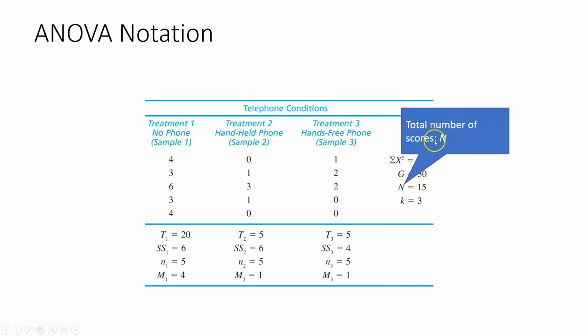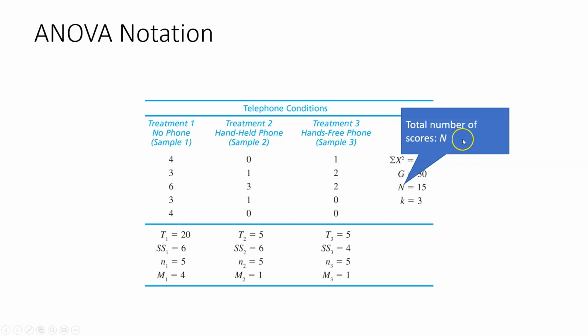The total number of scores is a capital N. I know in a previous module that we talked about capital N representing the number of scores in a population, but here in this module we're going to change the definition of capital N. Capital N in the scientific literature doesn't always mean the number of a population anyway. Oftentimes when you see a published paper, they'll use a capital N to represent their sample size in that paper.